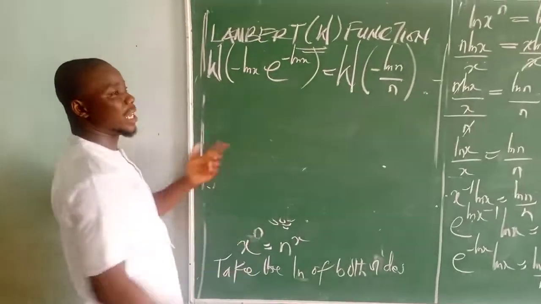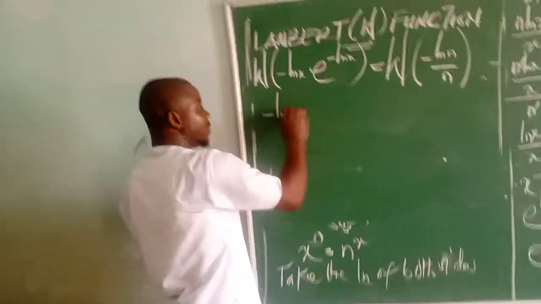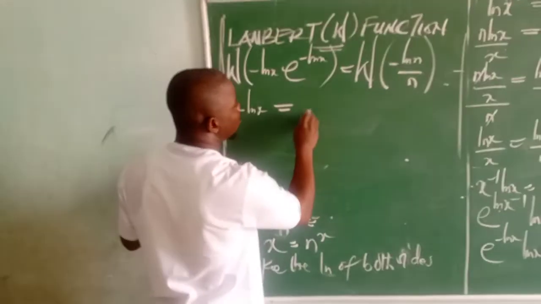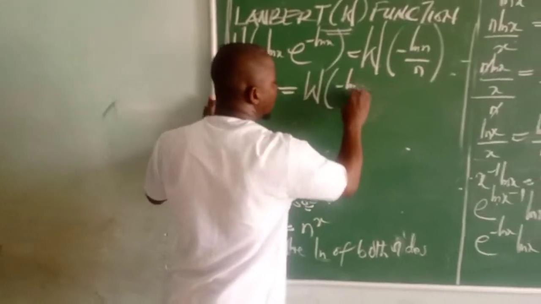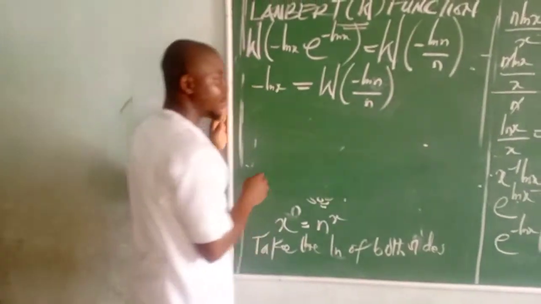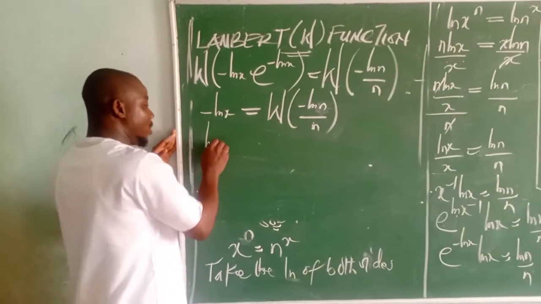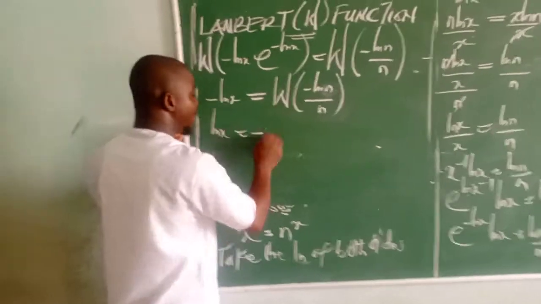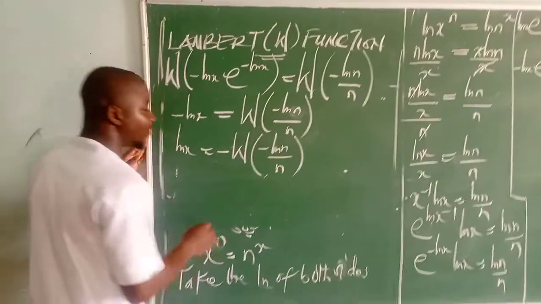And of course, according to what I've explained previously, the product log function of this now gives you negative ln x, which is equal to the product log function of minus ln n all over n. Now from here, you take this minus to this side, so you have ln x equal to minus product log function of minus ln n all over n.